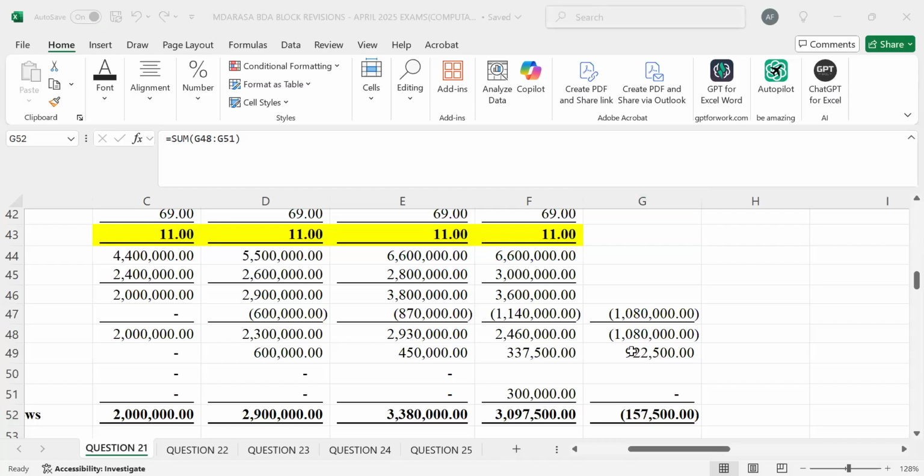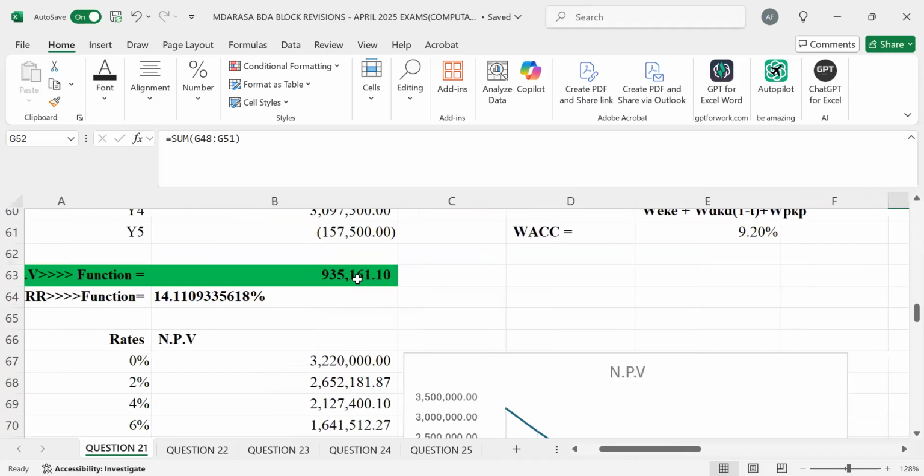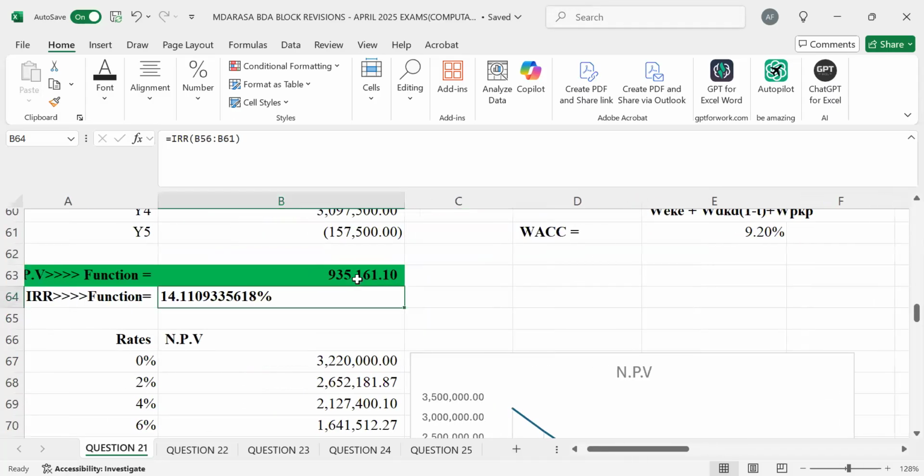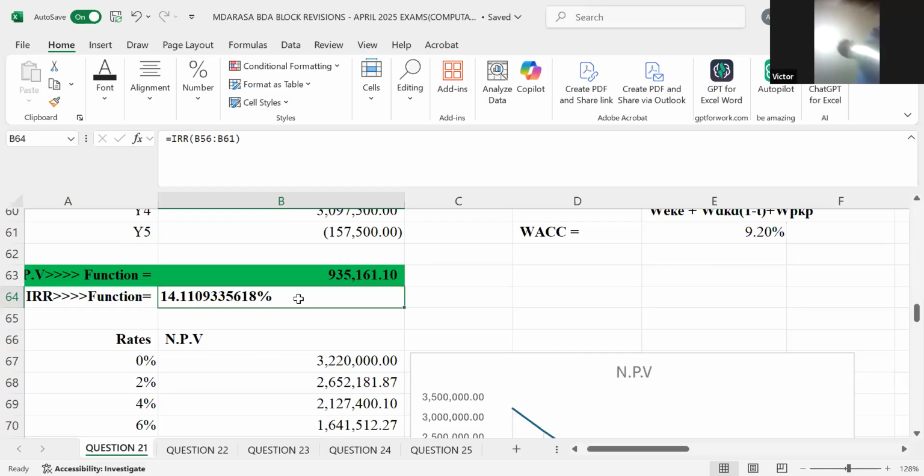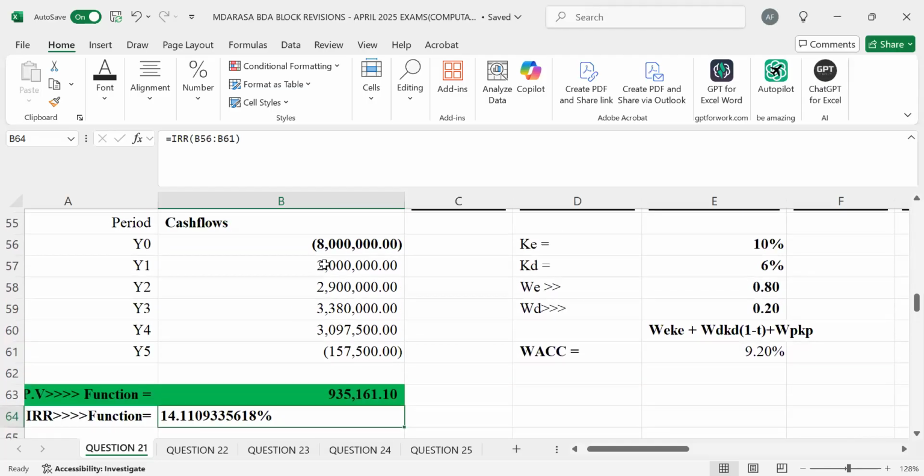Mercy, question? Yes, Mwalimu. When I'm calculating IRR, it's giving me 0, even after following the right procedure. What could be wrong? It's giving you 0? Yes. What have you taken as your IRR? Remember, you're supposed to consider your initial outlay as well. Have you considered the initial outlay? Yes.